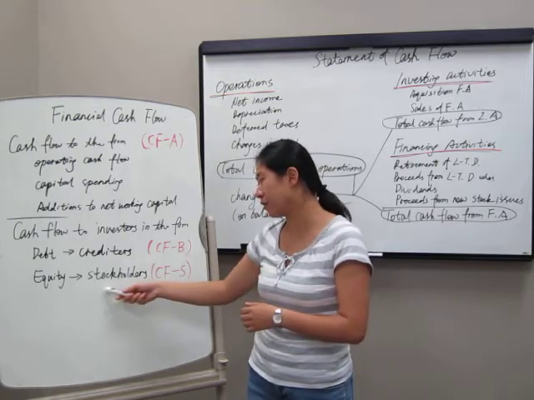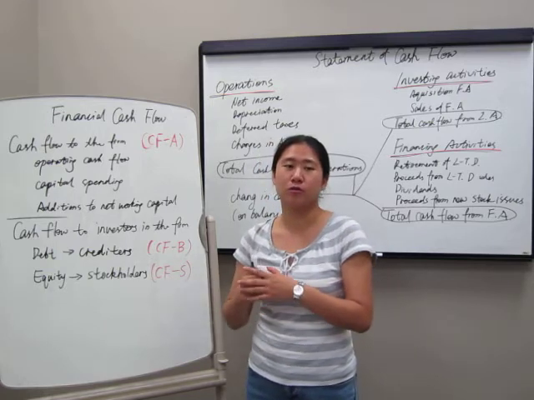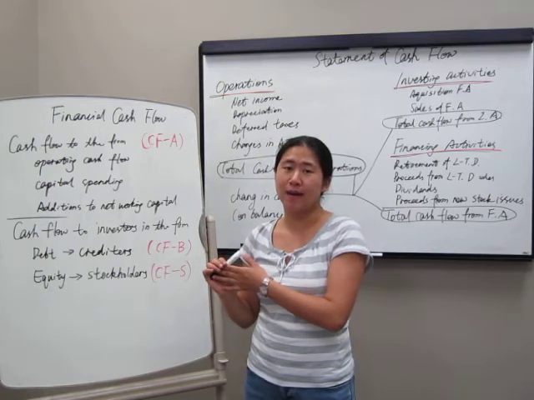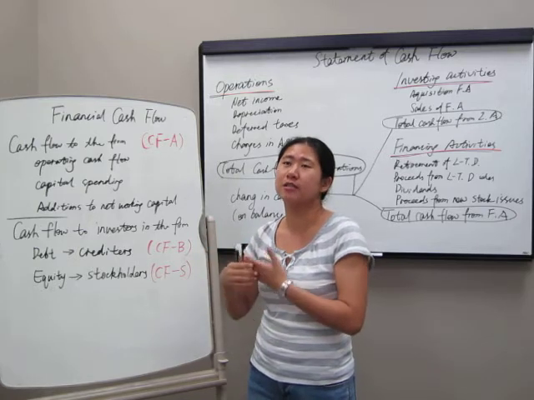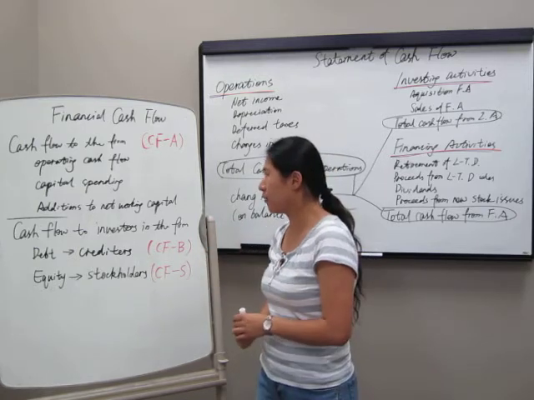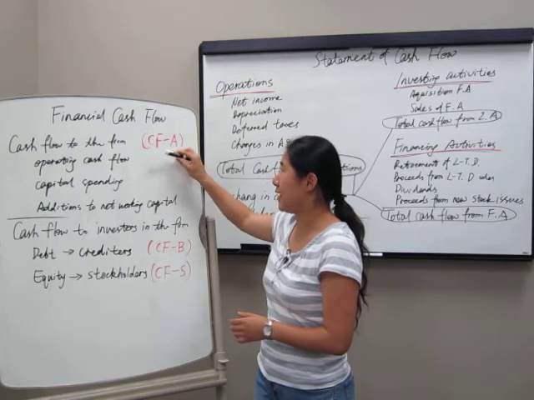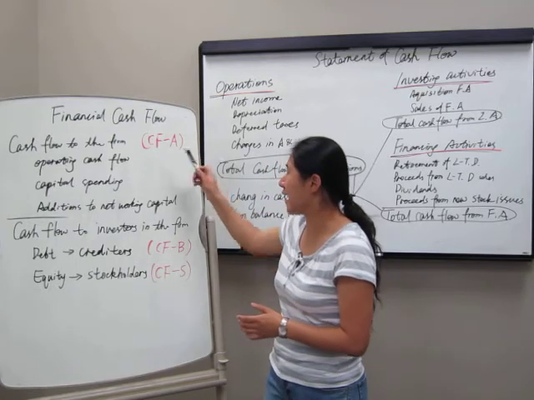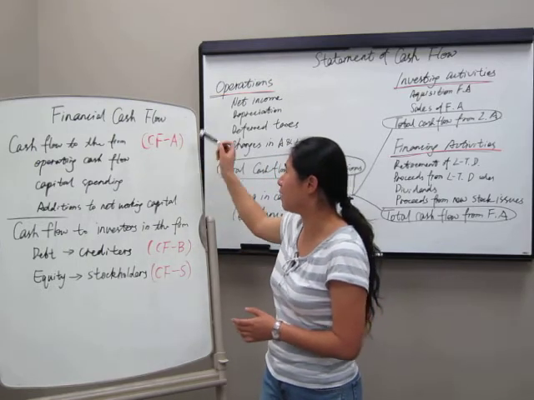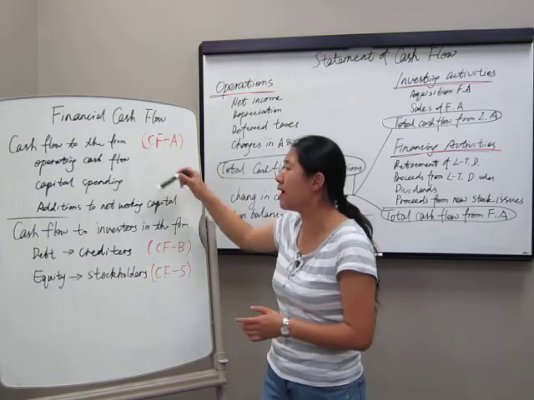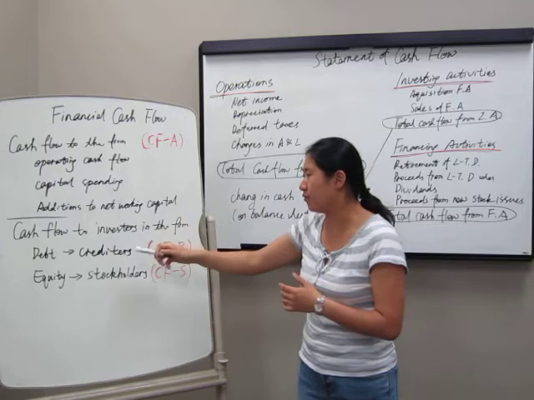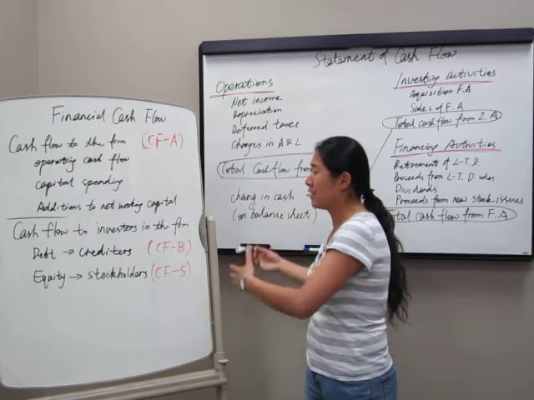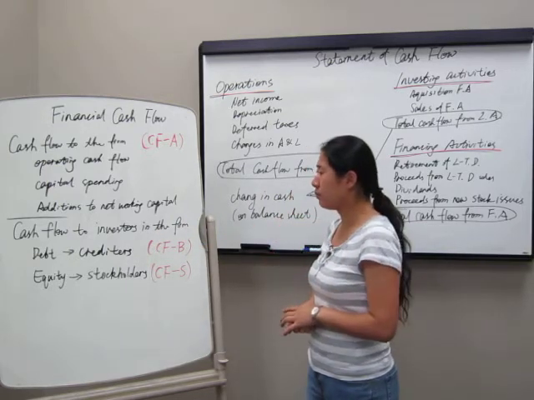And the cash flow to the stockholders equals the dividends plus the repurchase of stock minus the proceeds from issuing new stock. So this is the financial cash flow. One side is about assets, the cash flow to the firm. The other side is about the cash flow to the investors from the firm.